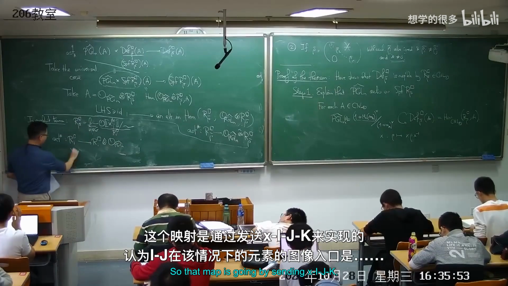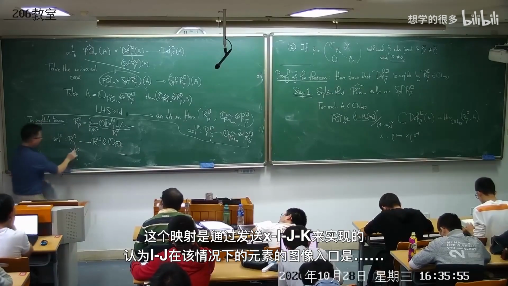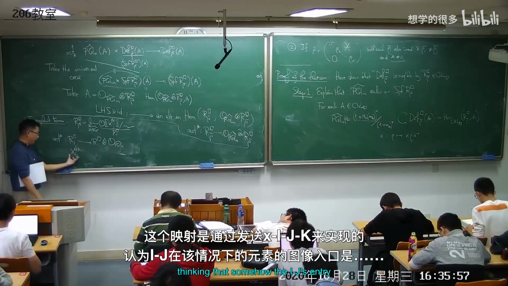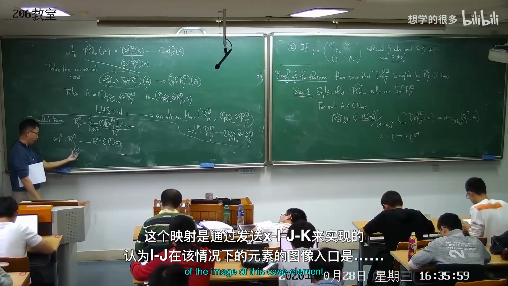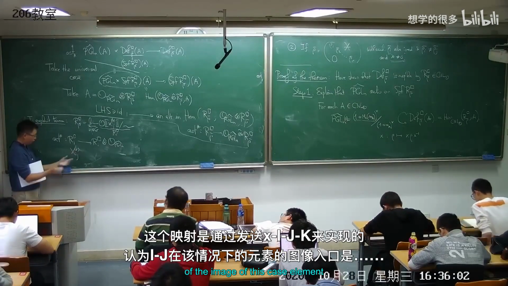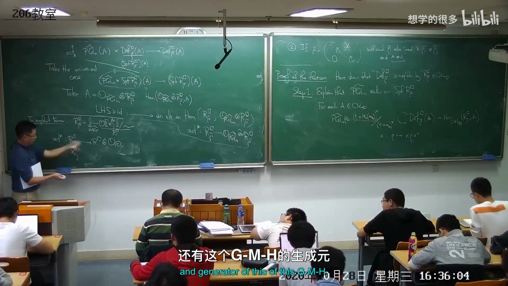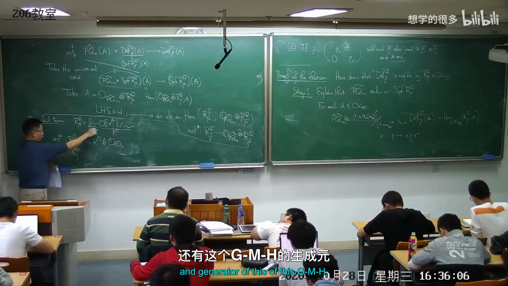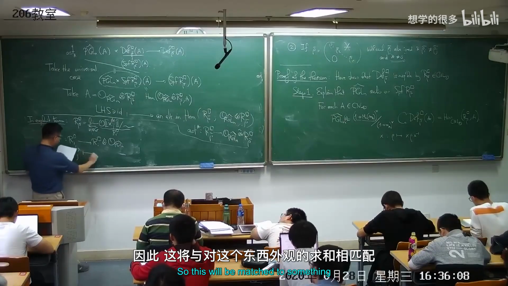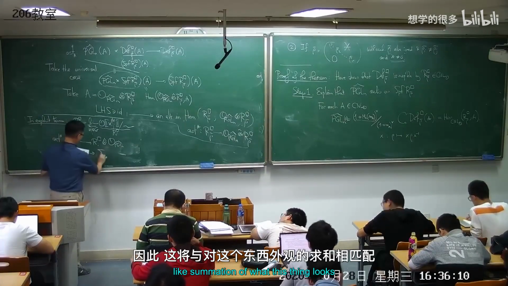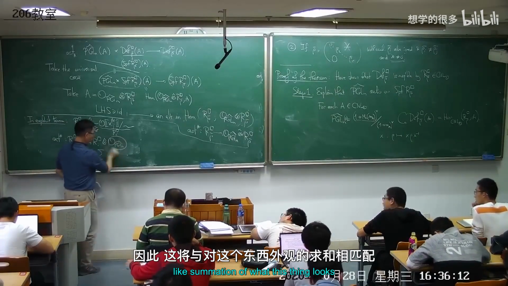That map goes by sending x_ijk, thinking of it as the ij entry of the image of this k element in the generator of this G mod H, to something like a summation.